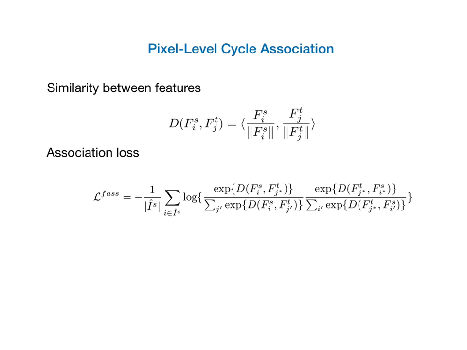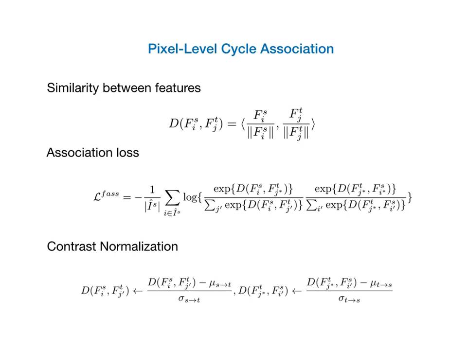That is, the similarities between the associated pixel pairs should be encouraged to be stronger than other possible pairs. Moreover, we perform the contrast normalization on the similarity metric D before the softmax operation. So in such a way, we are able to more safely strengthen the cross-domain pixel-wise connections without introducing too much bias to the training.